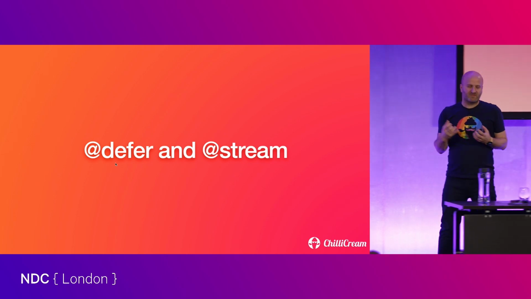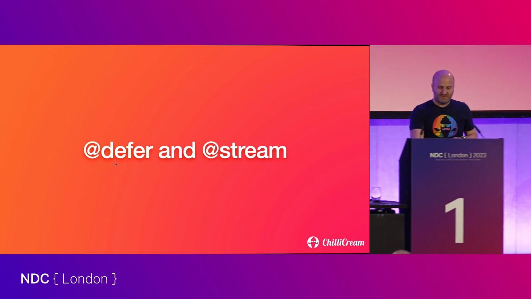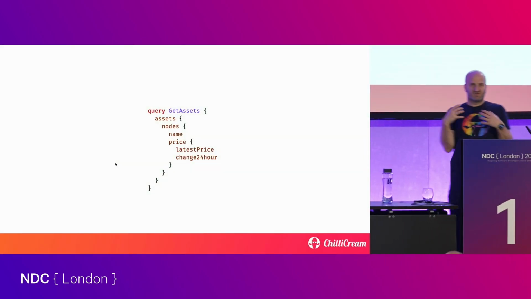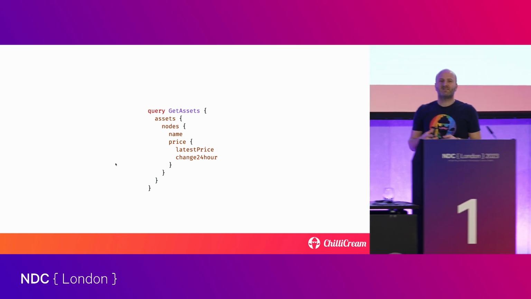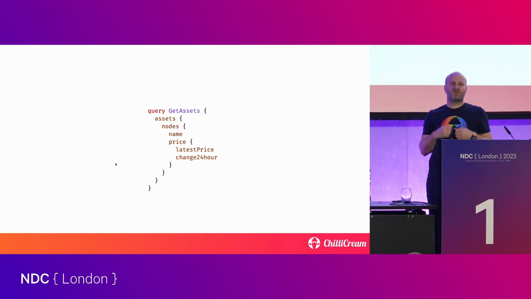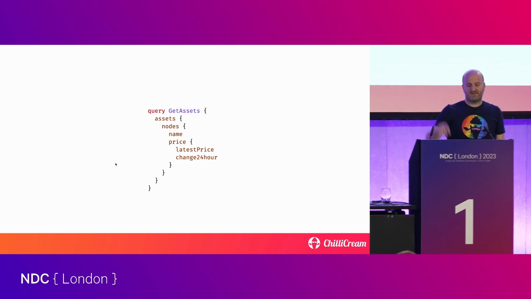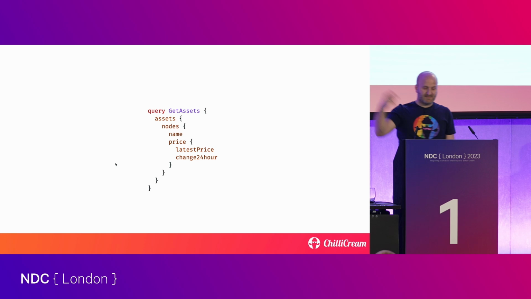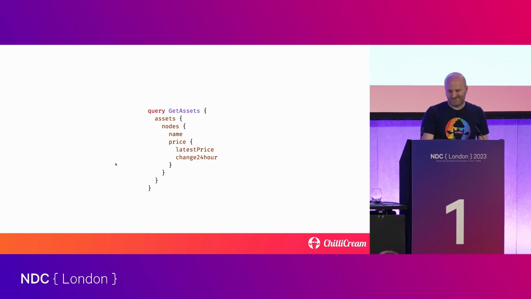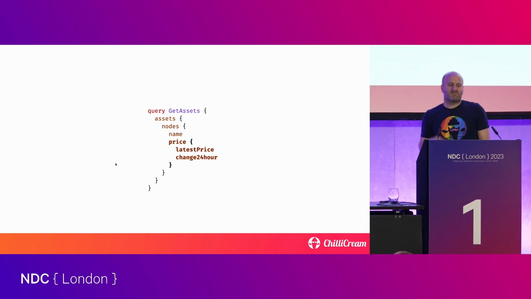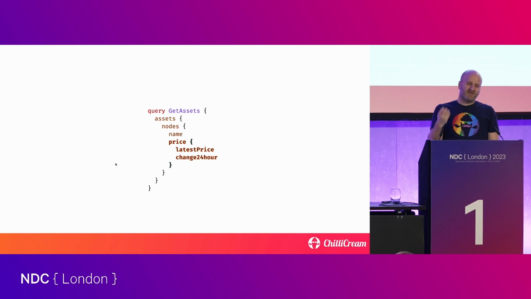It's called defer and stream. And this feature allows the consumer of the API to mark sections of the graph that we want to defer or deprioritize. Let's say, for instance, the data that we get from REST is actually slow. So this piece of query we know is slow.